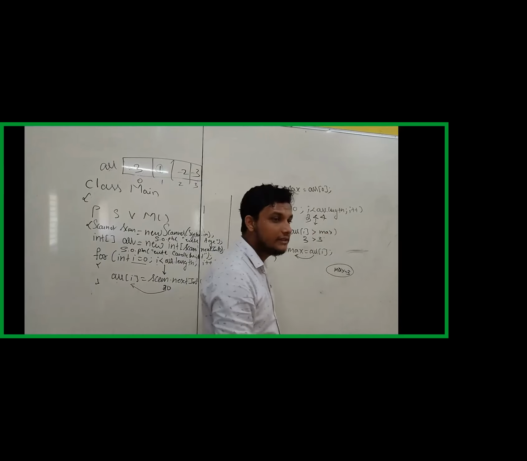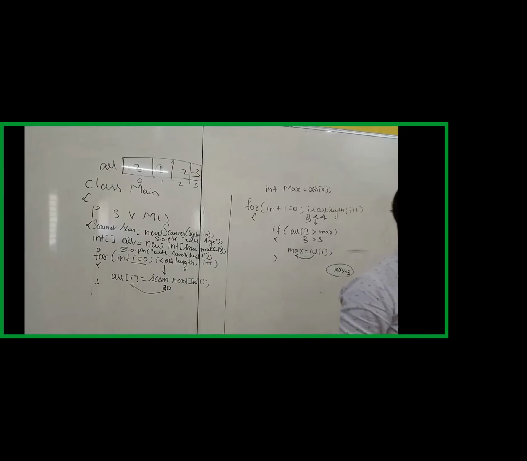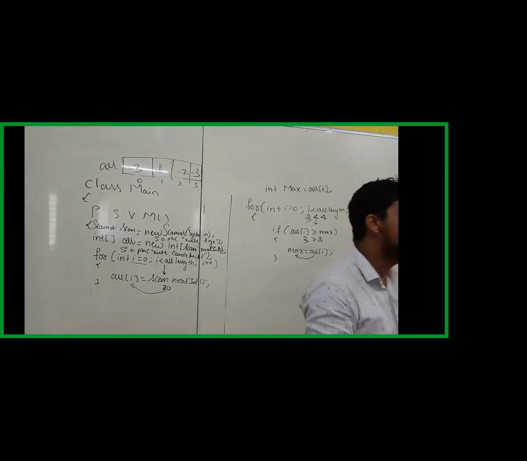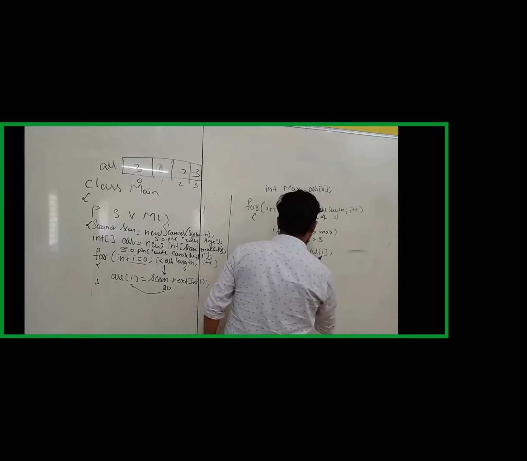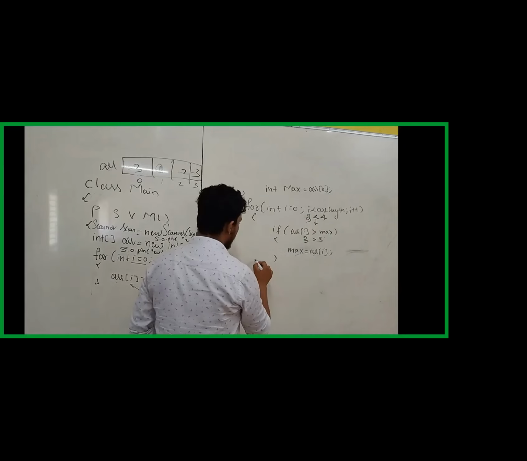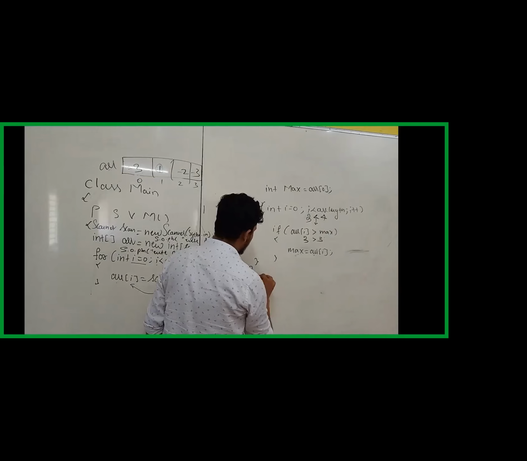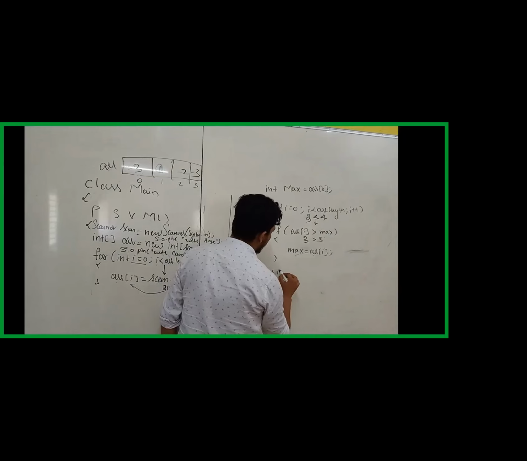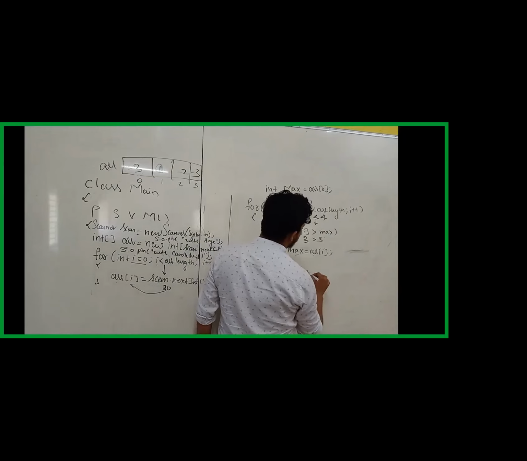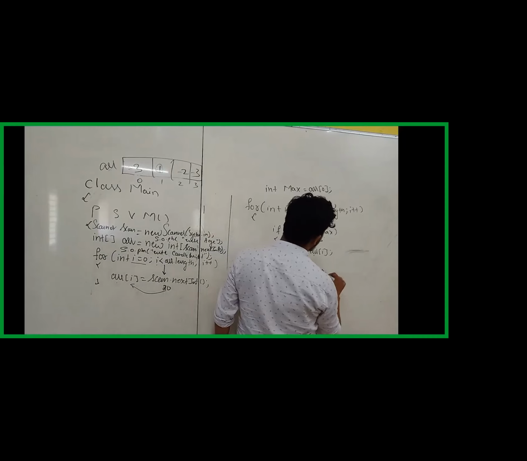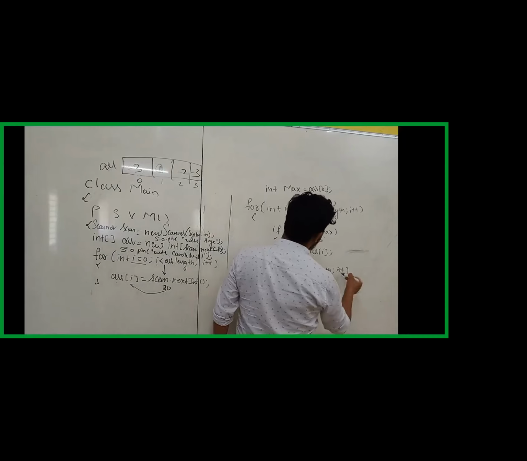Now, what is our next task? Count the number of maximum elements present in a given array. So I'll erase this and close the for loop here. Then I'll open one more for loop: for int i = 0, i less than arr.length, i++.